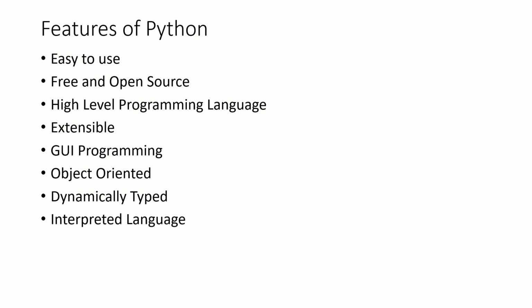This property of the interpreter used in Python is very beneficial for programmers for error debugging. As you press enter, if there is any error in the line, the interpreter reports the error at the same time.